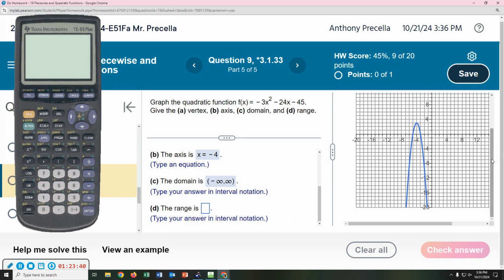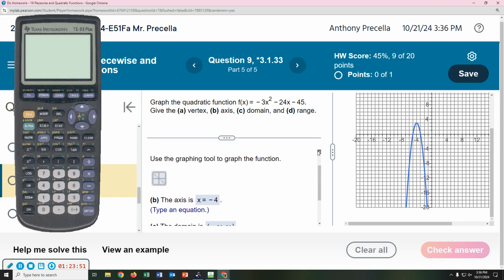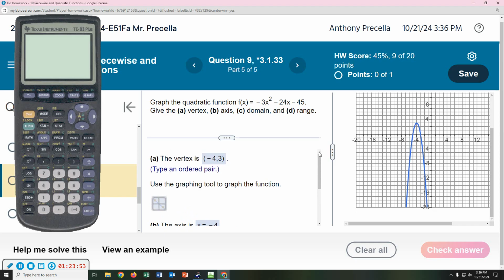What's the biggest y value on that graph? It's there at the vertex. What's the y coordinate? 3 is the highest point on the graph. Are there any other bigger y coordinates than 3 on this graph? No. So 3 is the biggest one, and then every y value smaller than that is used.